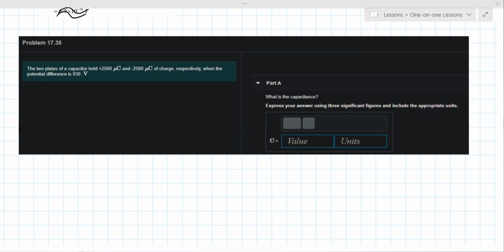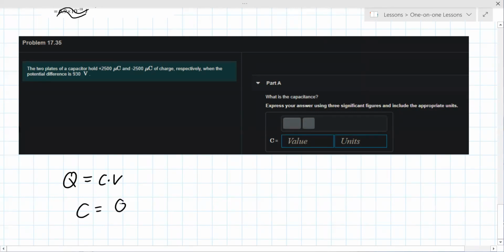Okay, the amount of charge acquired by each plate is Q equals C times V. They give you V so you can find C. So C is Q over V, and Q is 2500 times 10 to the minus 6, that's the 2500 microcoulombs, over 930 volts.